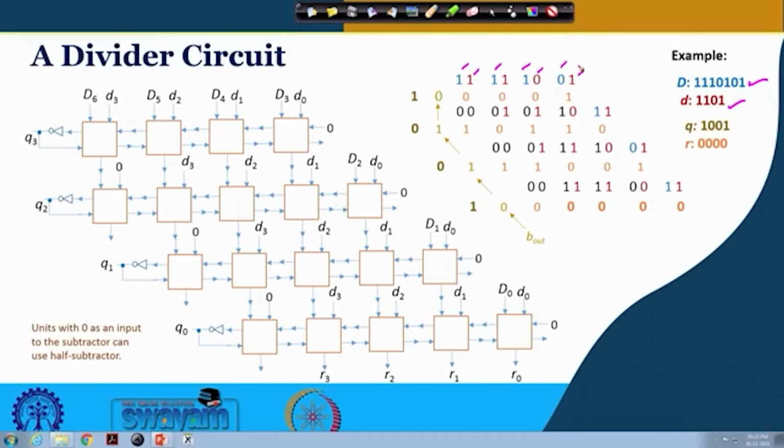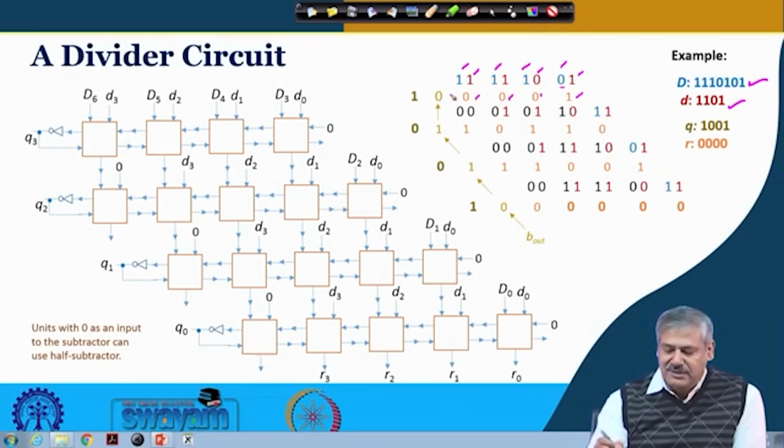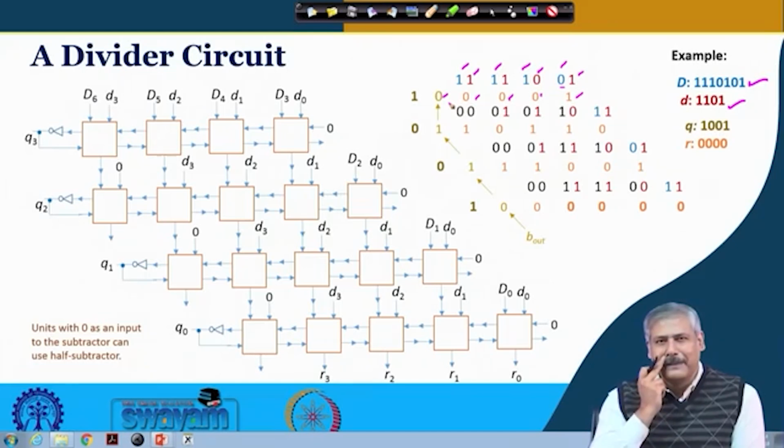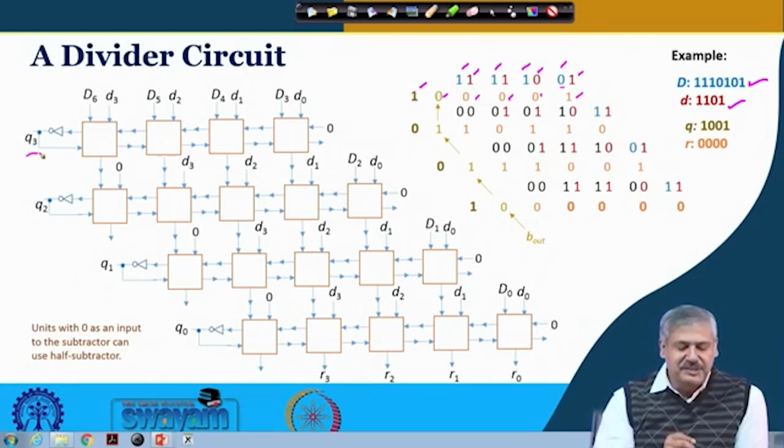Then what we are doing is the subtraction, and in each subtraction we are looking at the borrow. So 1 is subtracted from 0, so this is 1. So this borrow is coming over here, 1 1 0, again 1 1 0. So the final carry is 0, and its inverted is 1, so that is your Q3.